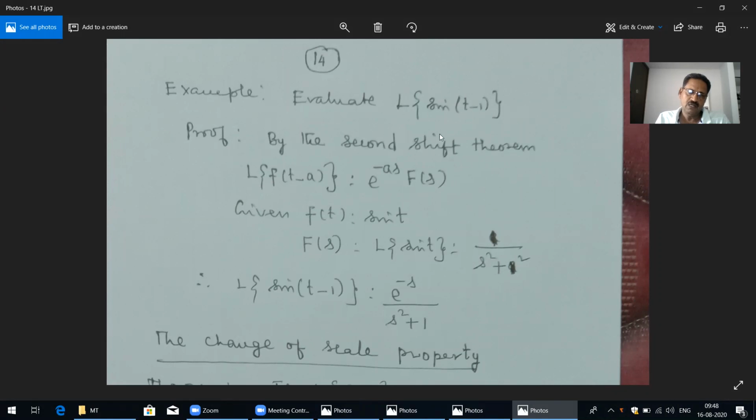Now you put, this one is f of t minus a. Sine t minus 1 is nothing but f of t minus 1. So therefore, what is given?